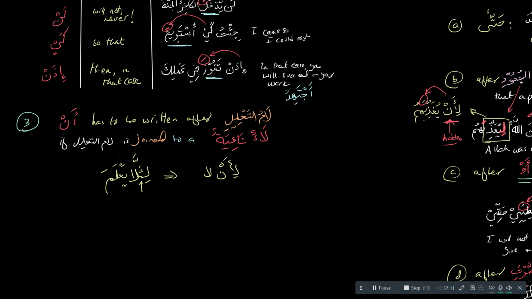So the an has to be written after lam al-ta'lil if the lam al-ta'lil is joined with the lam al-nafiyah. When these two are joined, you have to write the an in that. Okay, "li-alla ya'lam," so that. This is the lam al-nafiyah here, and this is the lam al-ta'lil here. So lam al-ta'lil is joined with lam al-nafiyah, so you have to write the an over there.